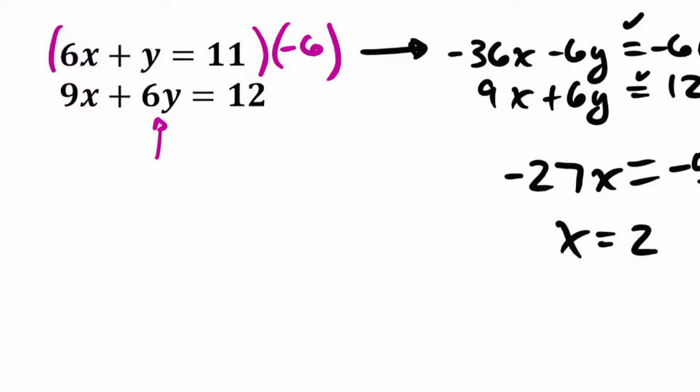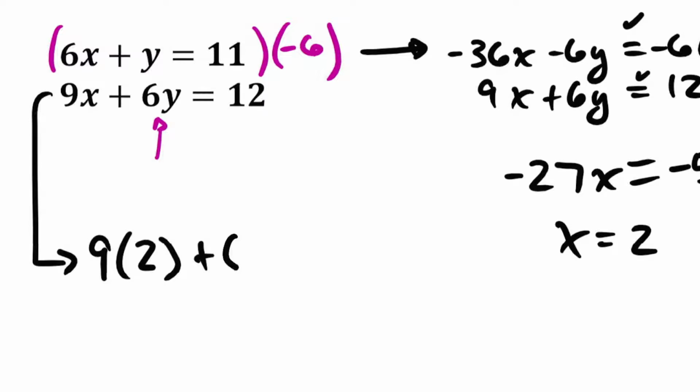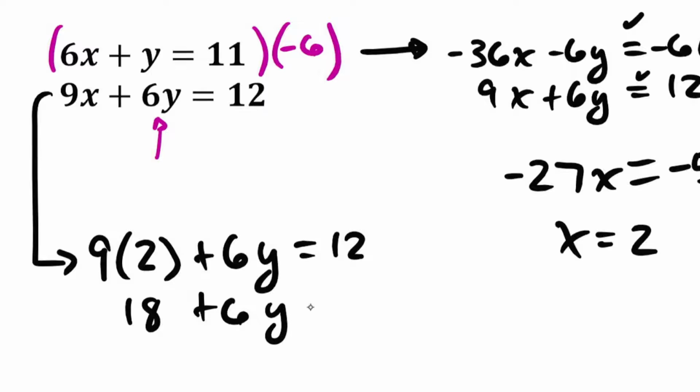All right, so now that I know what x is, I have to calculate y. I think I'll use the second equation because it doesn't have a lot of negative numbers. So I'm going to write 9 times what I found x to be plus 6y has to equal 12. Well, this is the number 18, right? So I'm going to subtract 18 from each side.